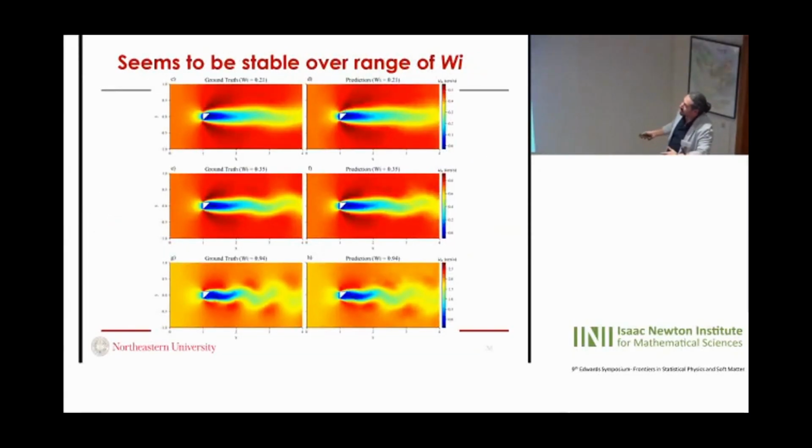But again, these are pretty stable at different Weissenberg numbers. This is a Weissenberg of 0.2, 0.35, 0.9, and up to about Weissenberg of 5. That's what our simulation was really good for. Anything above that, the simulation actually broke down, so we didn't have data.